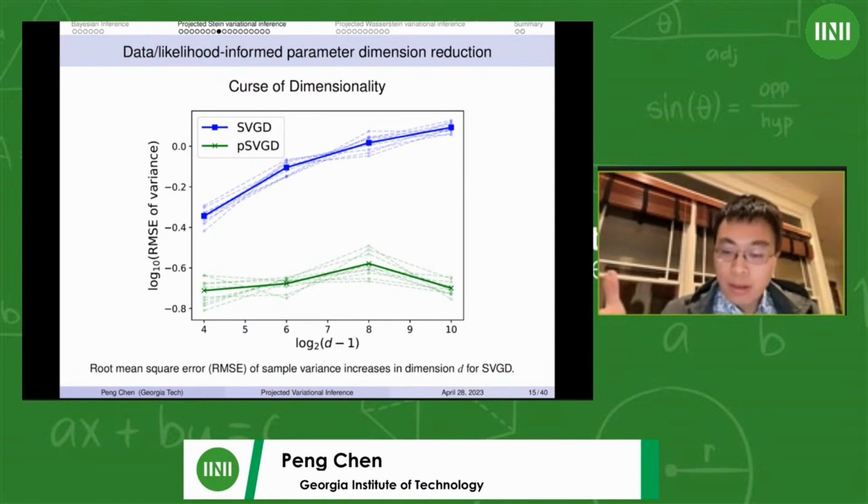For a certain test problem, the variance represented by the SVGD samples becomes less and less accurate. But with projected Stein variational gradient descent, you can preserve the variance in high dimensions.